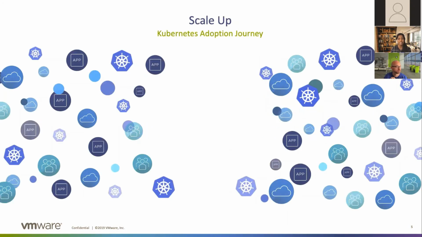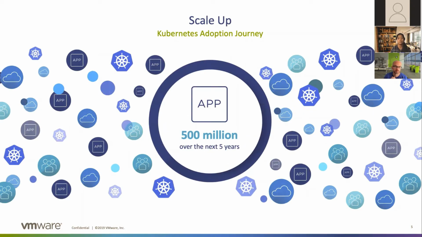And statistically speaking, the expectation is that there are going to be over 500 million applications that reside in the Kubernetes landscape over the next 5 years. So you see exponential growth happening in this space, and you can't ignore this if you haven't looked into it thus far.